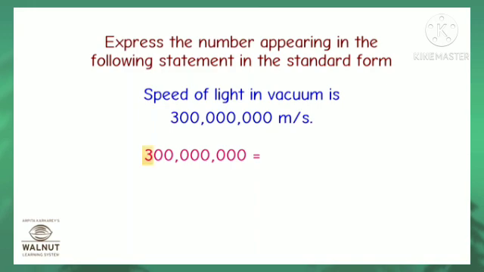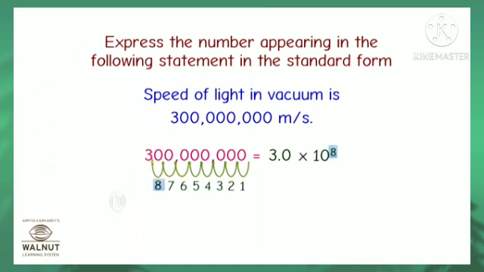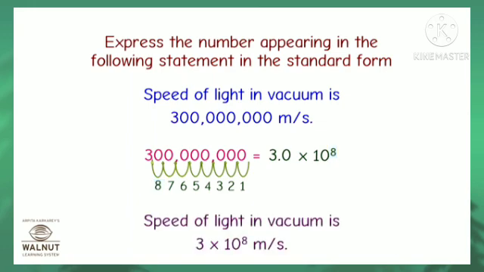So we put the decimal point after 3 and we get 3.0. As we know, number of jumps becomes the power of 10. So here we have 8 jumps up to decimal point. So the standard form is 3.0 into 10 raised to 8. Now we can easily say the speed of light in vacuum is 3 into 10 raised to 8 meters per second.